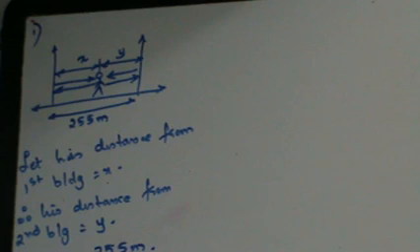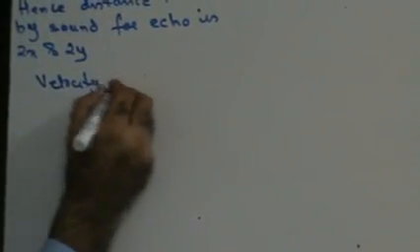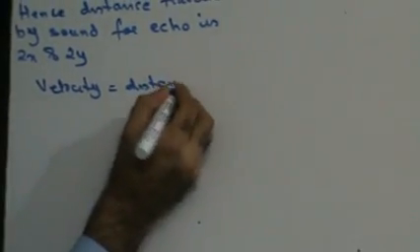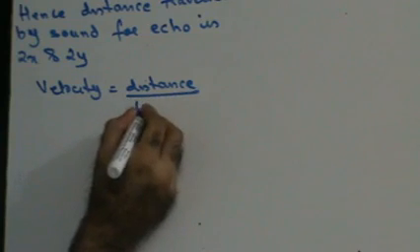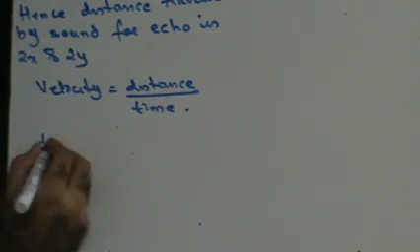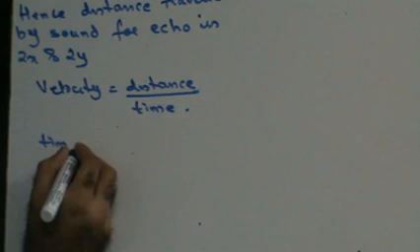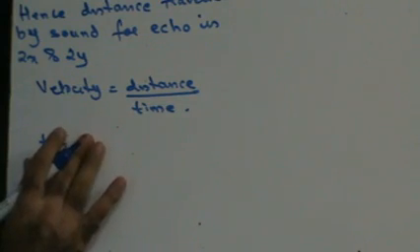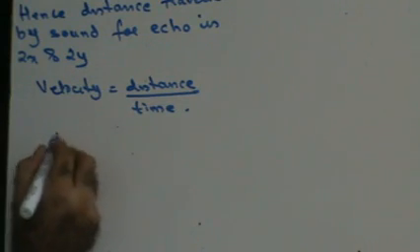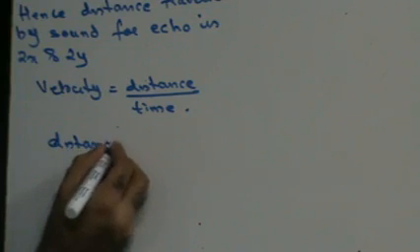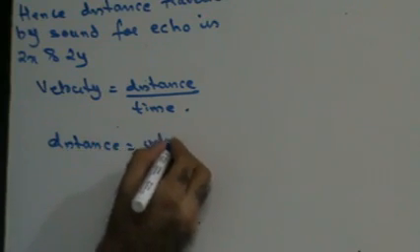Now, we know that velocity is equal to distance upon time. Therefore, distance is equal to velocity into time.